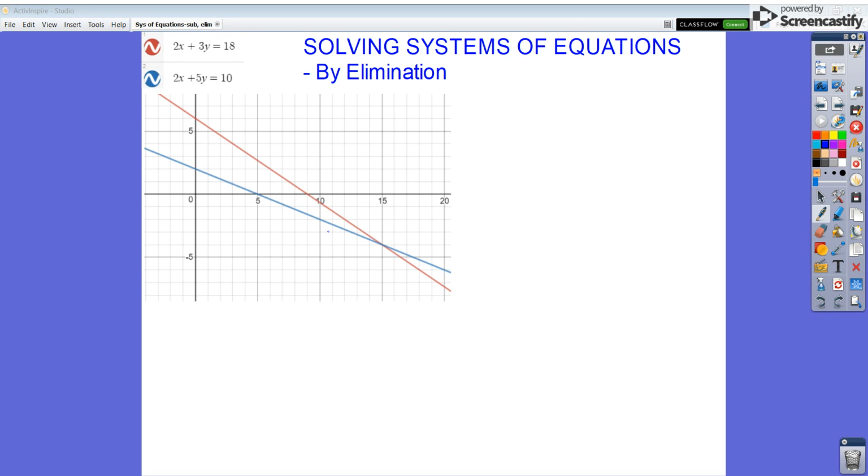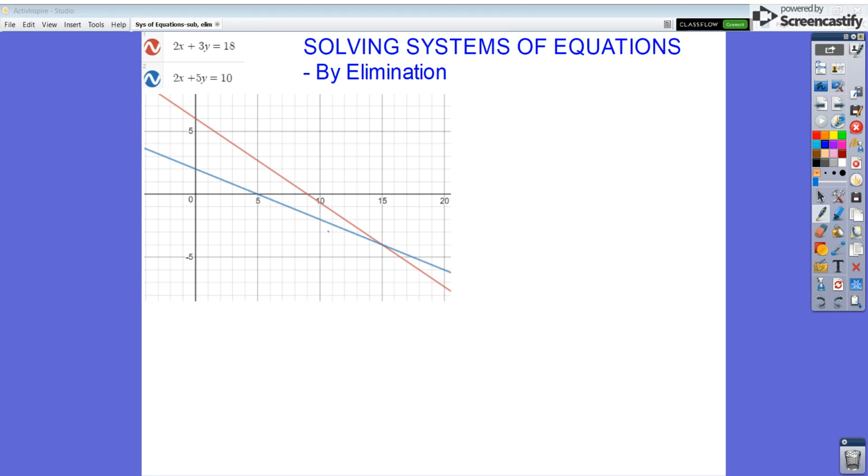And by doing that, what we have now for the two equations is 2x plus 3y equals 18, represented by the red line, and 2x plus 5y equals 10. So we want to eliminate one of them.